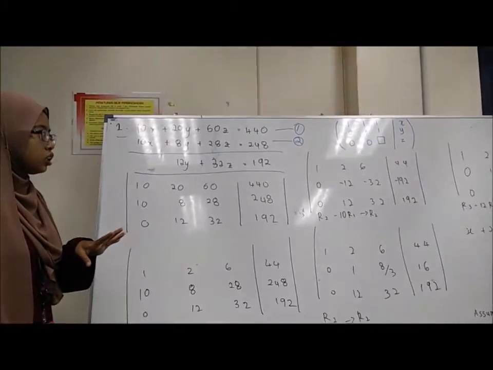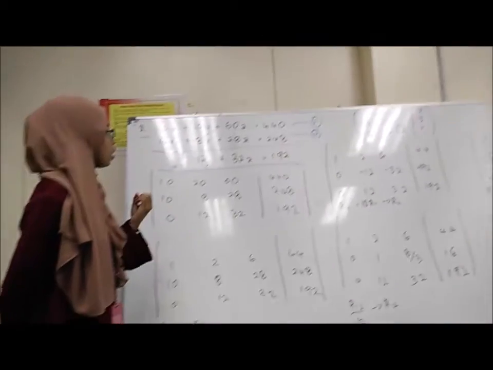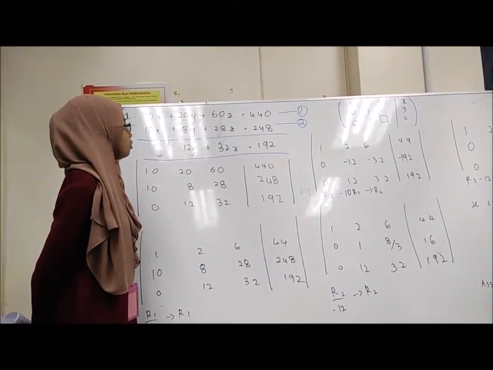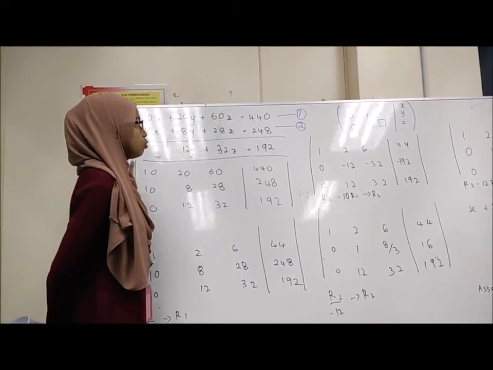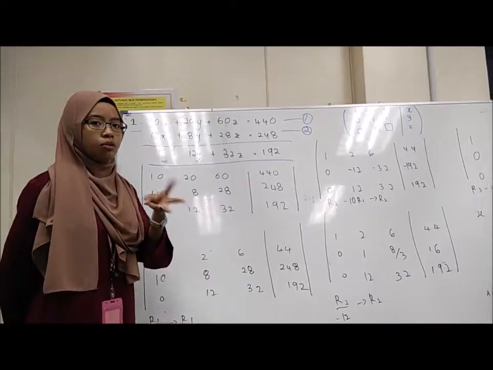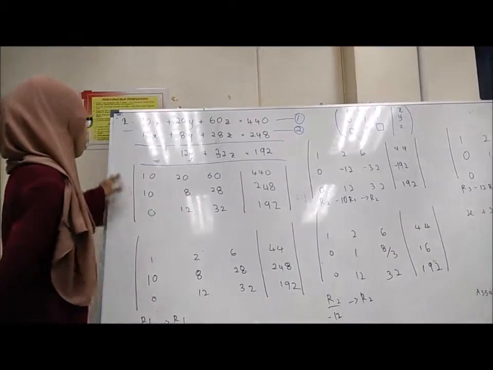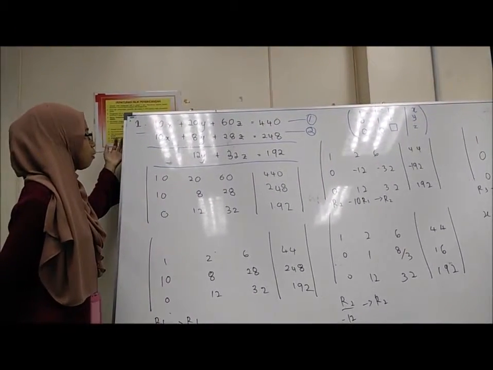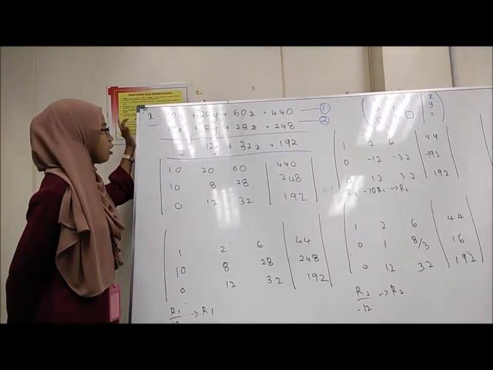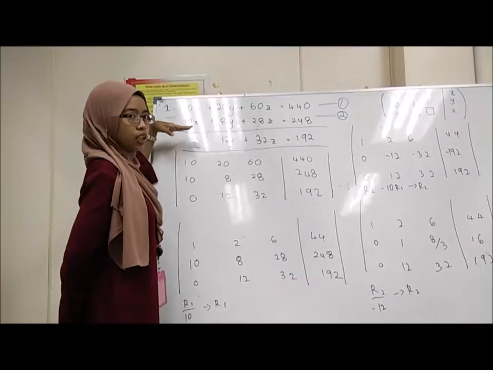We need to build a new equation, so that it will be our third equation. So we just use the first equation minus the second equation.